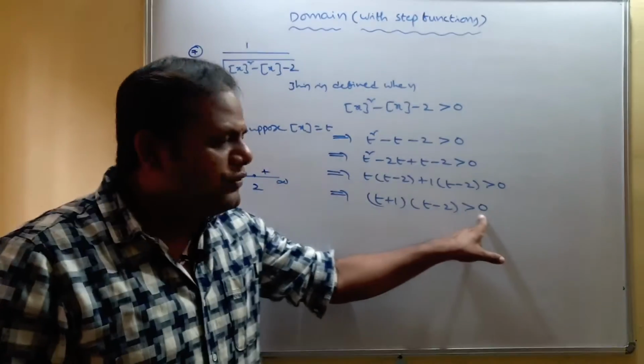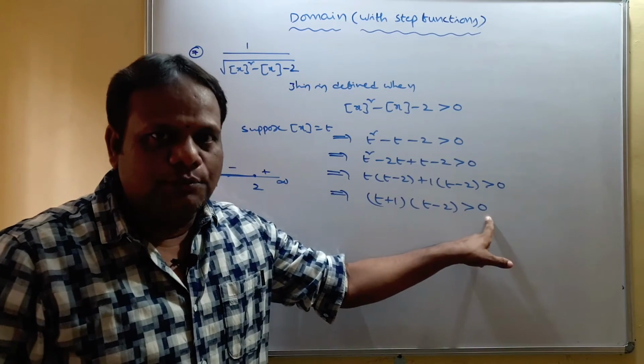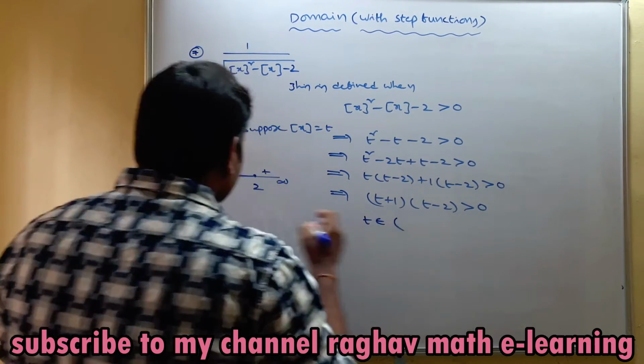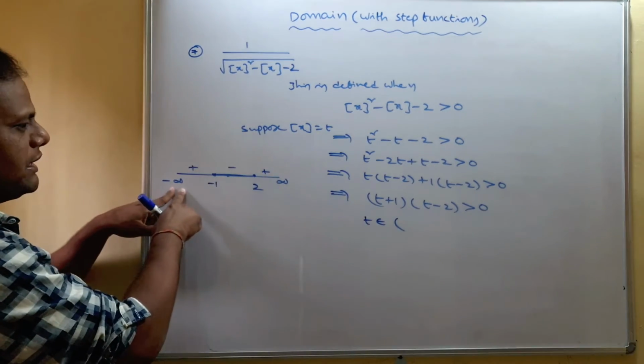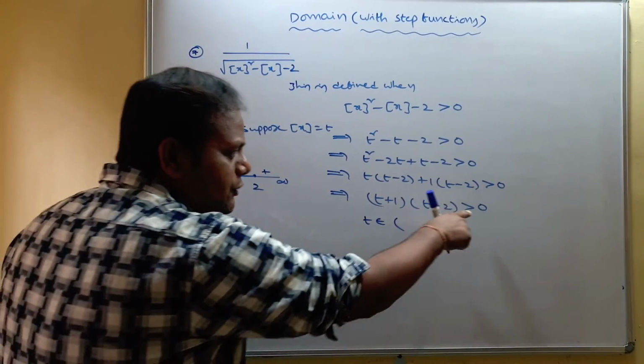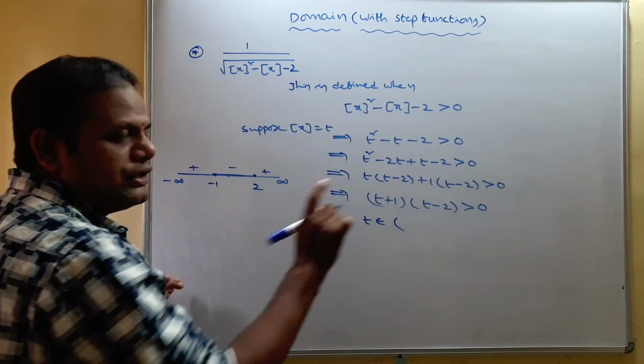What we want? We want greater than 0, means positive. So t belongs to where it is positive, between −∞ to −1 and 2 to ∞. Here there is no equal to sign, so we don't take a closed interval.